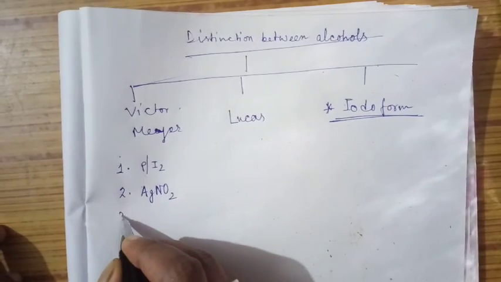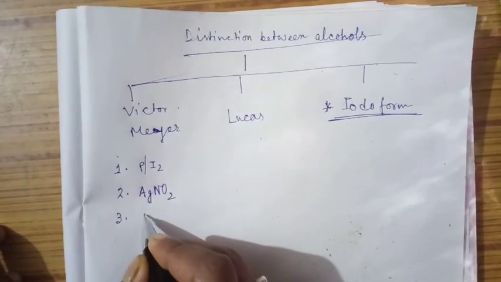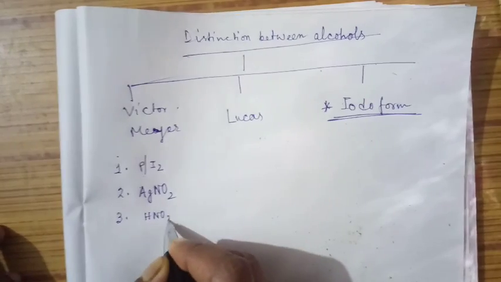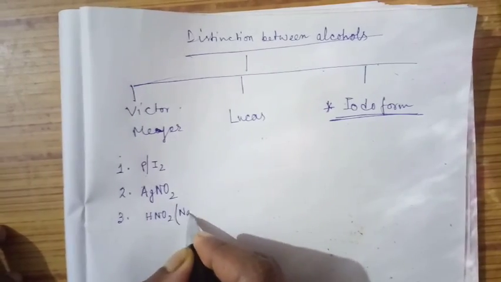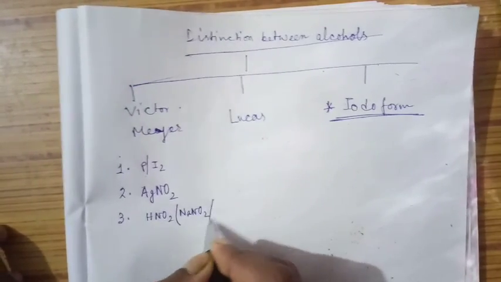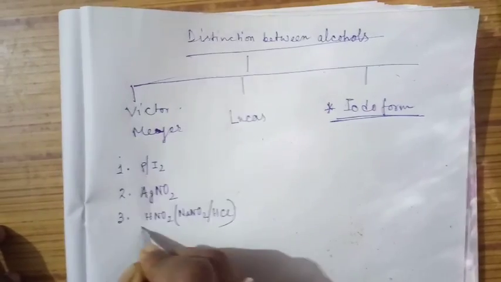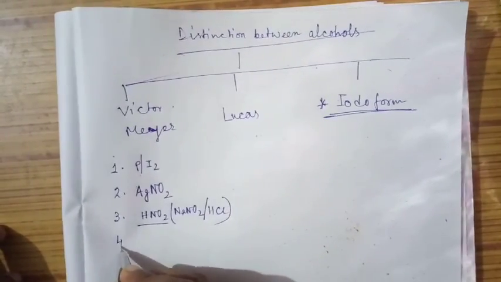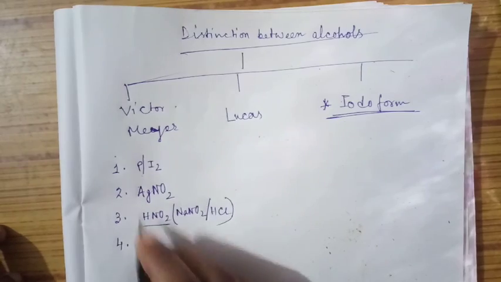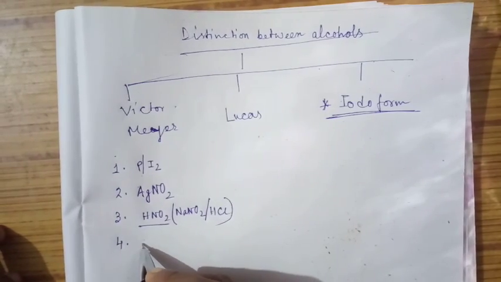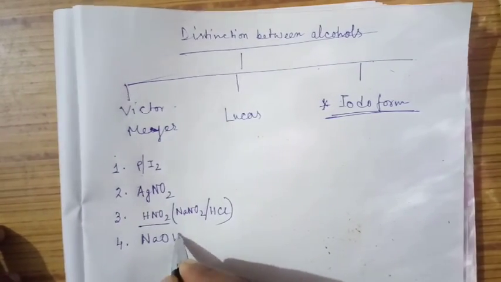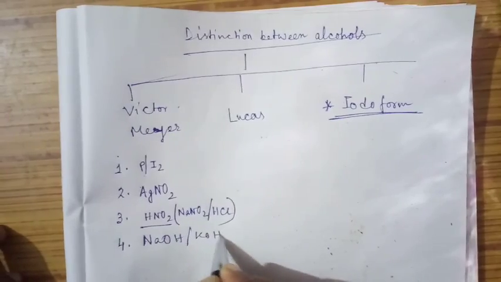And thirdly, nitrous acid, which you need to prepare by adding NaNO2 with HCl. And at last we will make the whole mixture alkaline by NaOH or KOH.